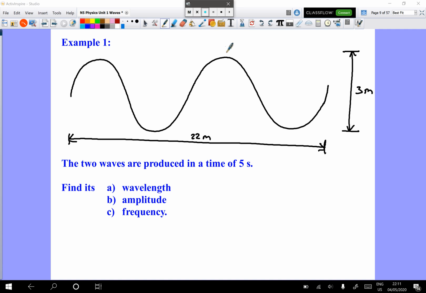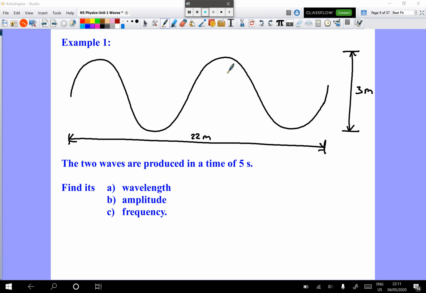You'll see what I mean in a bit more detail in the next couple of examples that I do. So example 1 here, we've got a wave train there that looks similar to the one that I've just shown you. So you should be looking at this and thinking, right, how many waves have I got here? So you've got a crest and a trough, a crest and a trough. So this is 2 complete waves that we have within this distance. And what you'll usually have in examples like this is the full distance of this chain of waves. So in this case 22 meters.